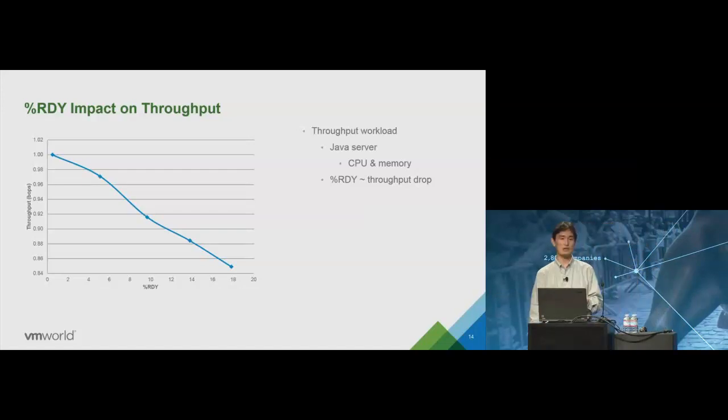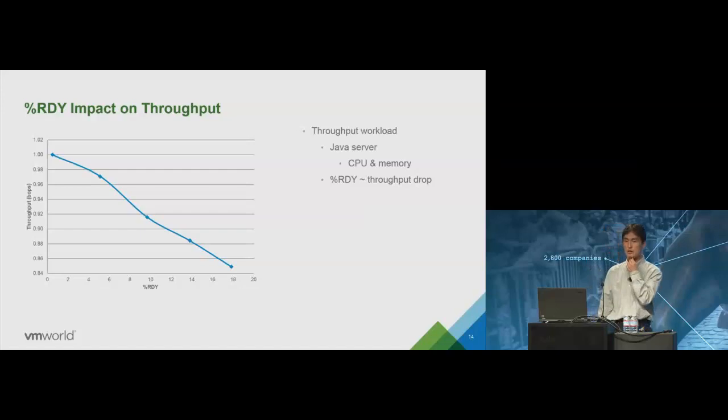To generate this data, I ran a Java workload, which is throughput oriented, and I pinned that VM with the background workload, and I changed the load to cause ready time, with the same shares, everything the same. On the x-axis, ready time changes from close to 0, so no contention, to about 18%, and on the y-axis is the normalized throughput, so higher means better.